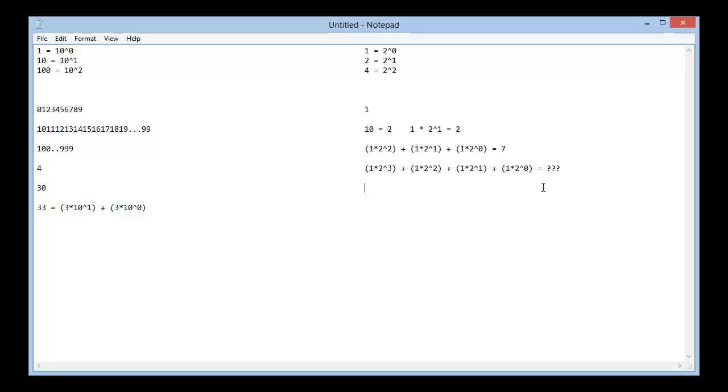When you have a number raised to a power, all you're saying is take that number and multiply it by itself the amount of times that the power says to. Sounds complicated, it's not. For example, 2 to the 2 just equals 2 times 2.